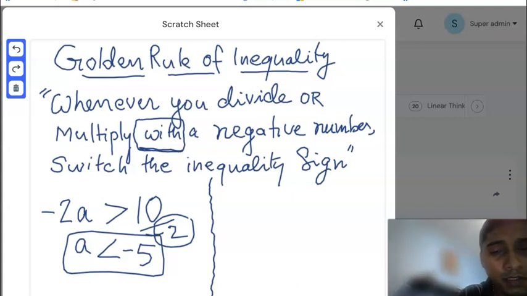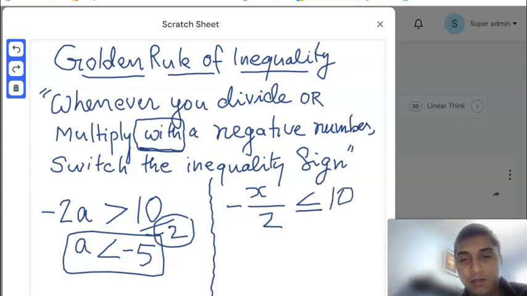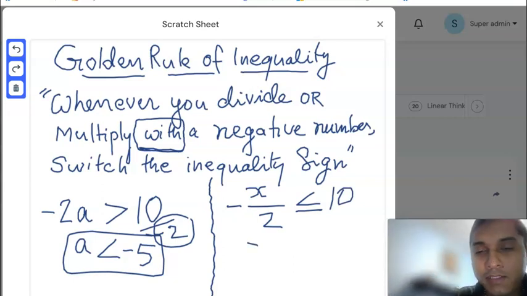Now another one, let's say negative x divided by 2 is less than or equal to 10. Let's put 10 again for you to understand it correctly. Now here also, what is the x value? That's very important.